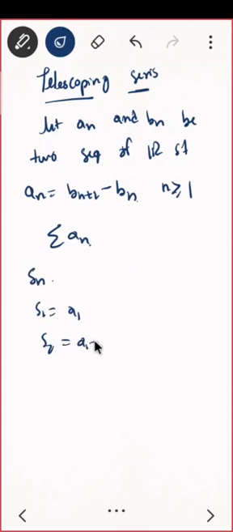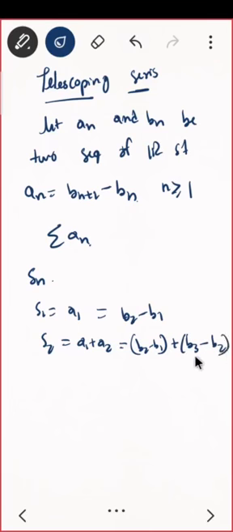S2 is E1 plus E2. E1 is B2 minus B1. And what is E1 plus E2? It will be B2 minus B1 plus E2, which is B3 minus B2, correct? And you see something is getting cancelled here. B2 getting cancelled. I am having just B3 minus B1 here, correct?